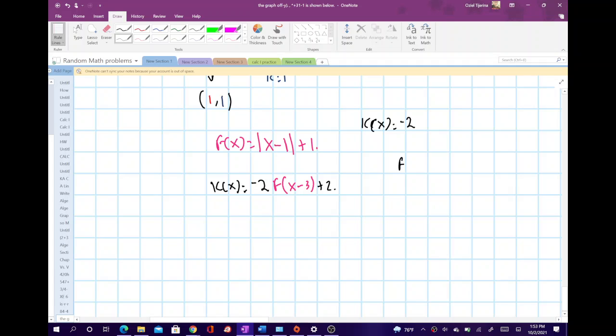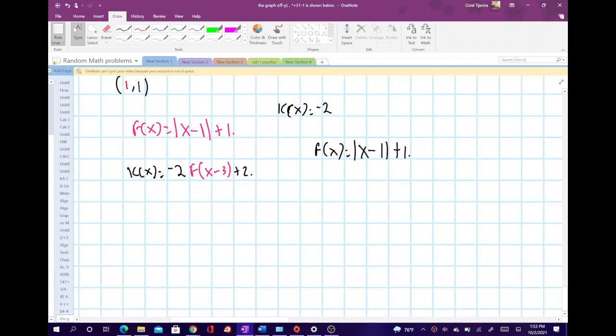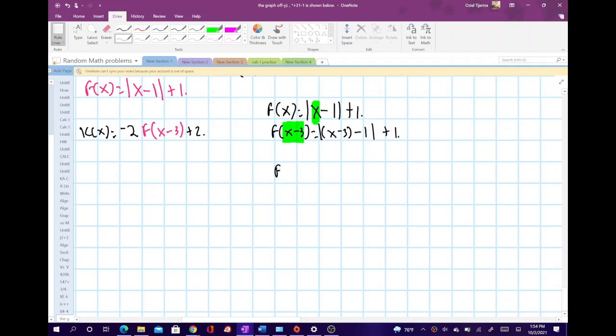That means that if we have f of x equals the absolute value of x minus 1 plus 1, we're going to find f of x minus 3 by saying that this is going to be plugged in for x, right? So it's going to be x minus 3 minus 1 plus 1, right? So then we have f of x minus 3 is equal to the absolute value of x minus 3 minus 1 plus 1.